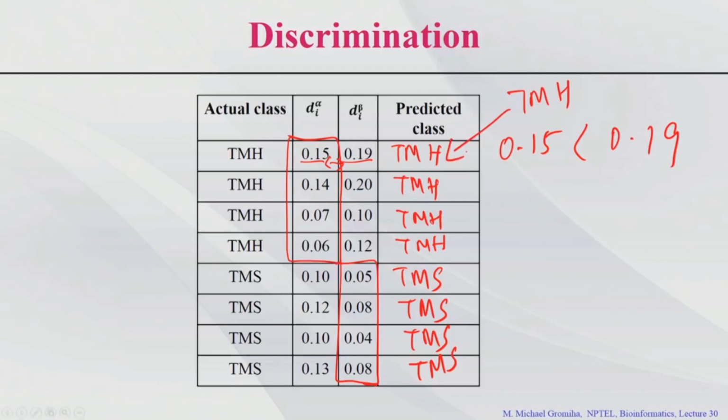If you do this, you can see it perfectly matches. For all 8 examples you can get the full results, and assess them with sensitivity, specificity and accuracy. So what is the sensitivity here? 100%. This is 4 by 4, equal to 100%.